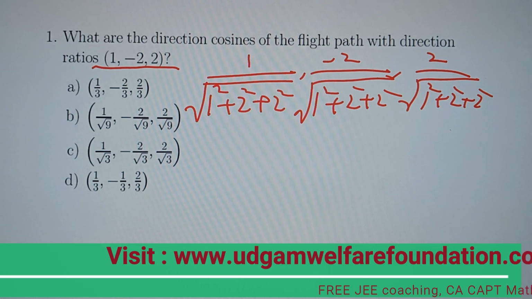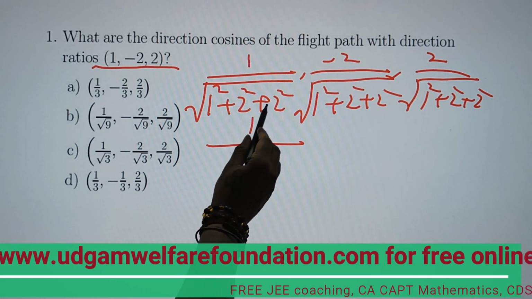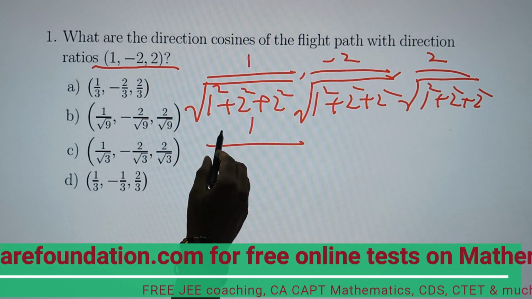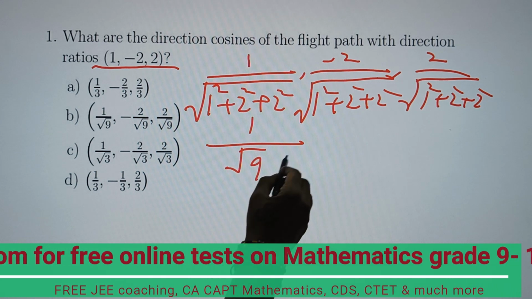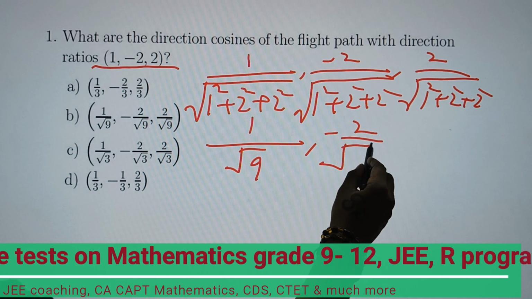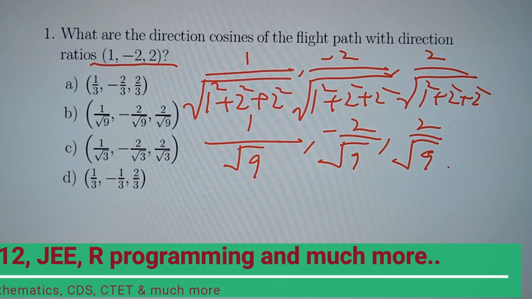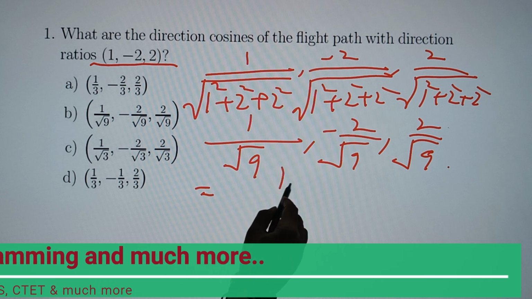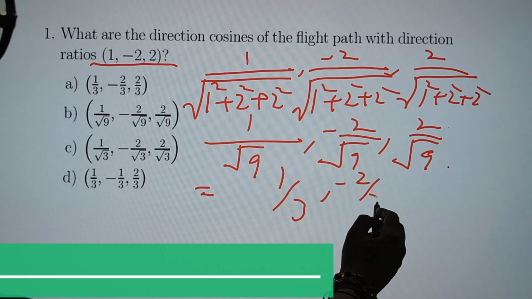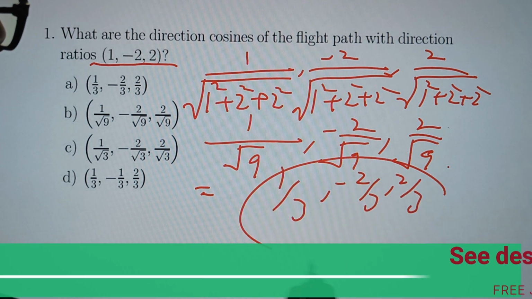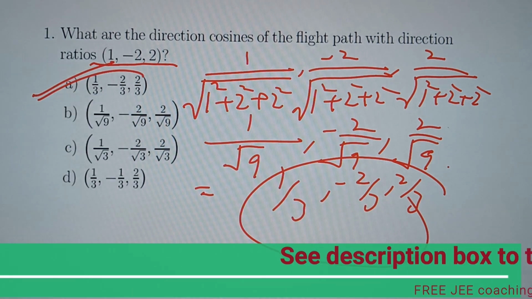This simplifies to root over 1 plus 4 plus 4, that is root over 9: 1 over root 9, minus 2 over root 9 and 2 over root 9. We can further simplify this to 1 upon 3, minus 2 upon 3, 2 upon 3. And our option A is the correct answer here.